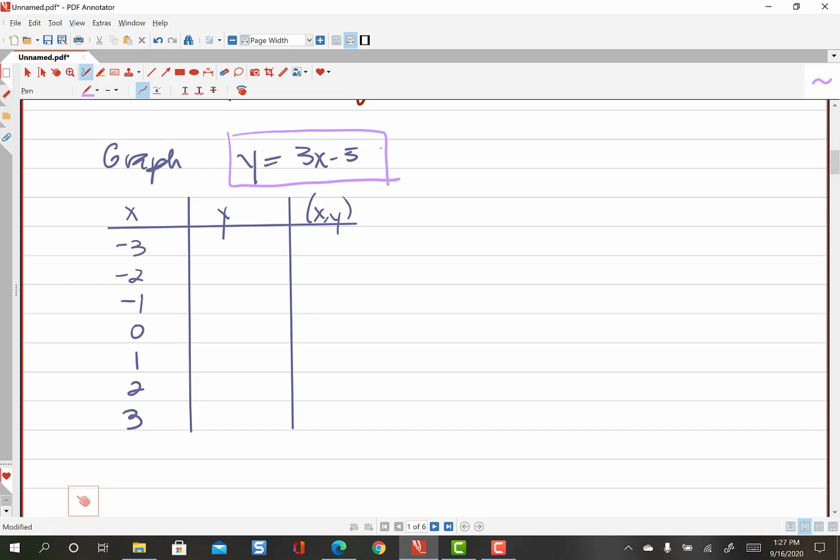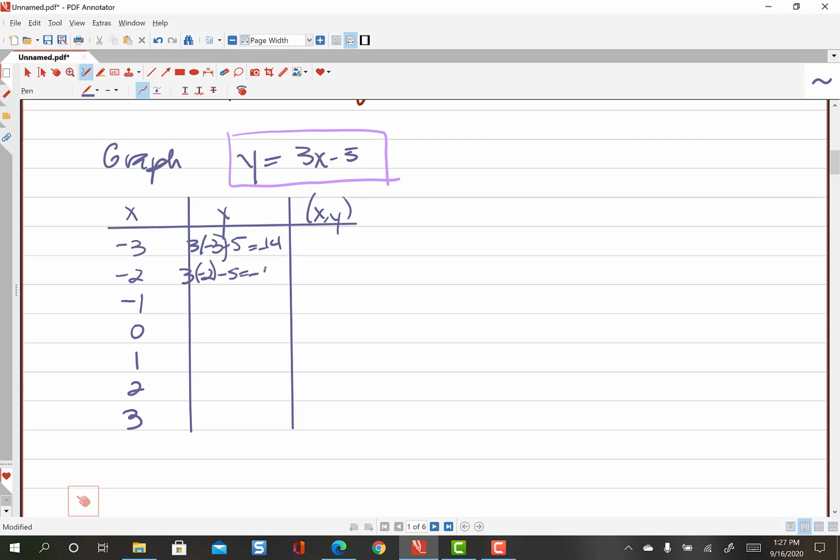So for instance, here this would be 3 times negative 3 minus 5, so my y value is going to be negative 14. Sorry, I'm a little tight on space there. This is going to be 3 times negative 2 minus 5.